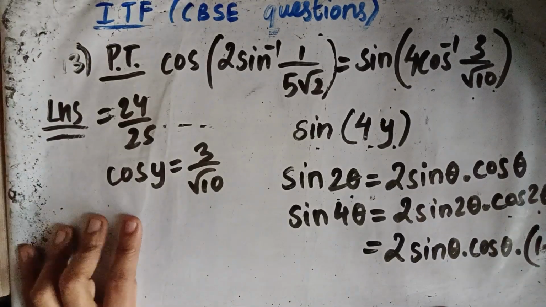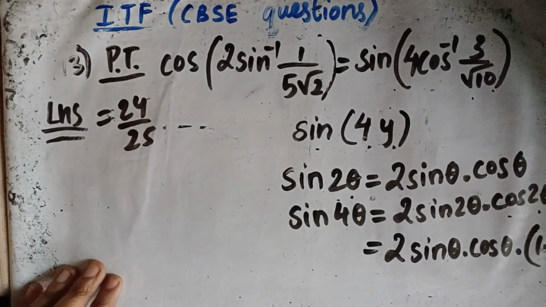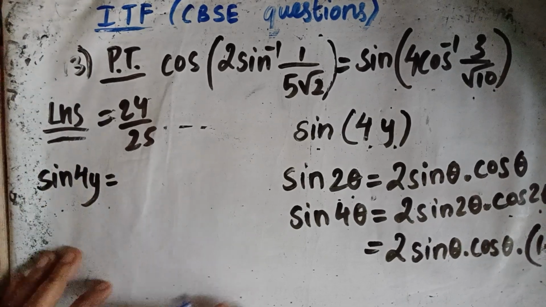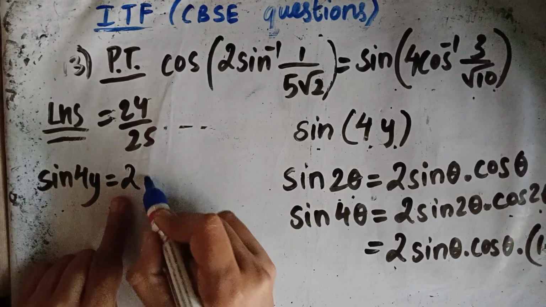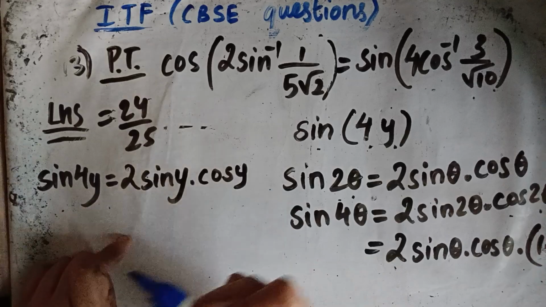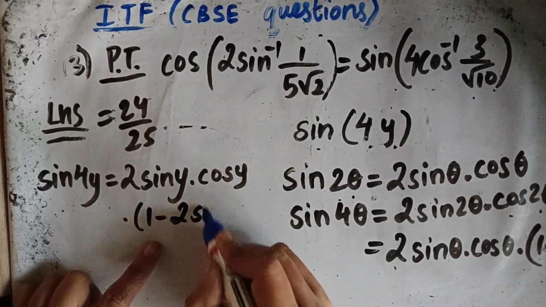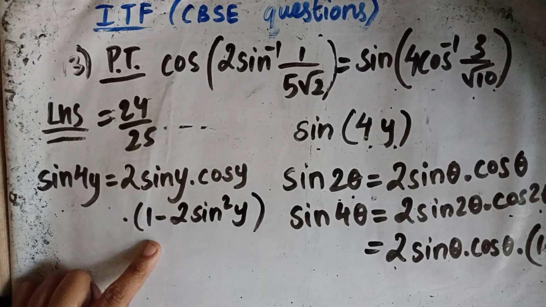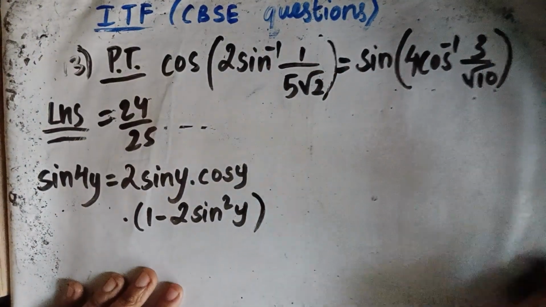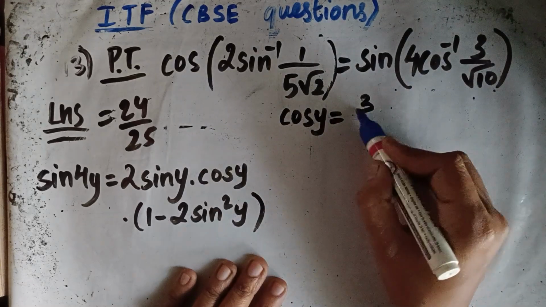So I'll write here sine 4y. Sine 4y can be written as 2 sine y into cos y into 1 minus 2 sine square y. Okay. Now we have to substitute the value of sine y and cos y. So cos y we have 3 upon root 10.